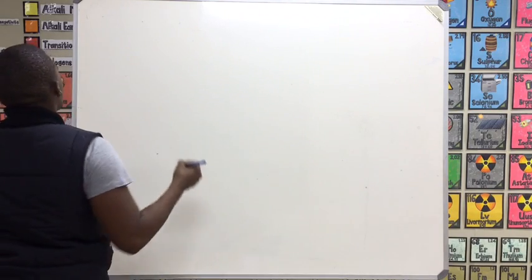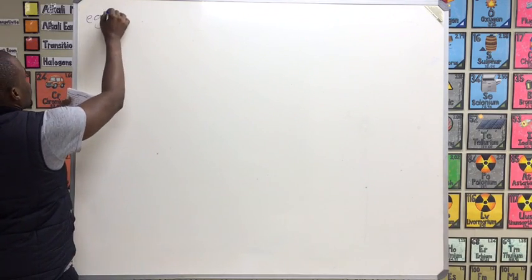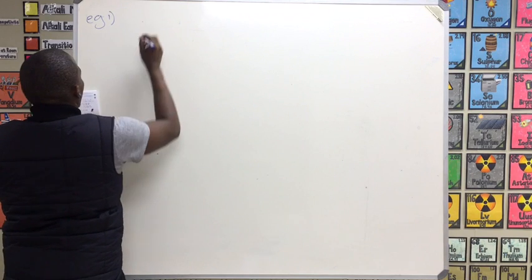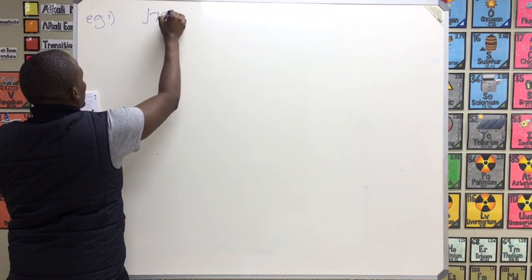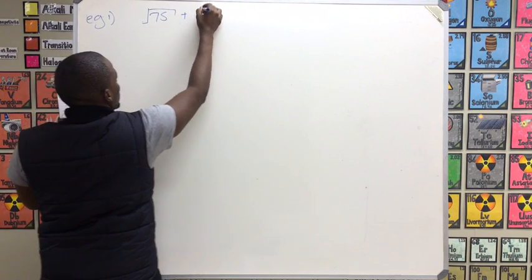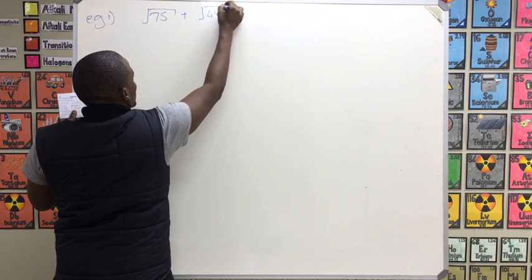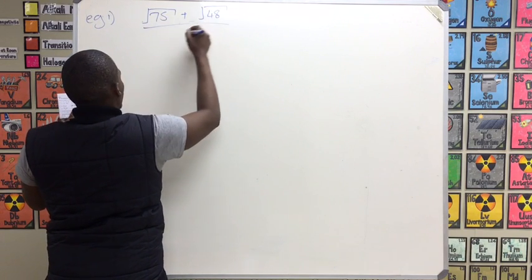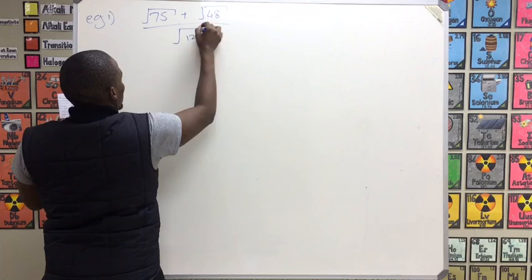Okay, let's look at some surd examples. So for the first example, we have the square root of 75 plus the square root of 48, divided by the square root of 12.